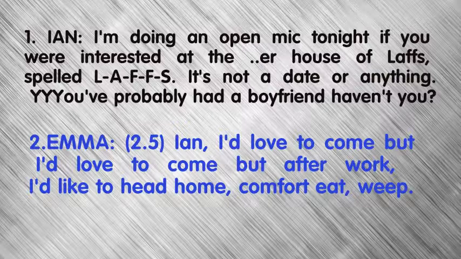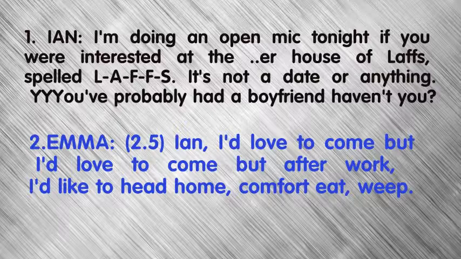However, it's noticeable that there is a pause of 2.5 seconds before she speaks, followed by a token yes, and finally an account for the refusal. So why does she do that? Why not just a no? It's because she wants to show that she's not willing to say what she is saying.